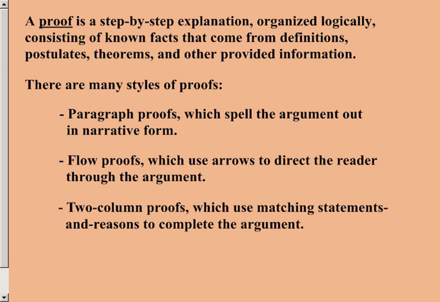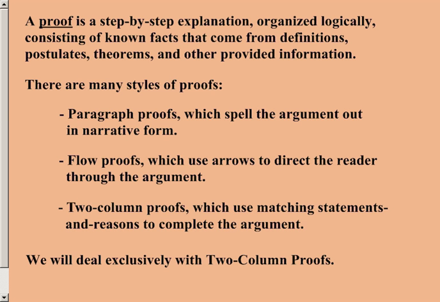It's mostly an organizational system in order to get all of our thought processes and step-by-steps organized logically as we move our way through the problem. It's the easiest of the three different types to understand. That's where we will be focusing. All of our information in geometry will be with two-column proofs.